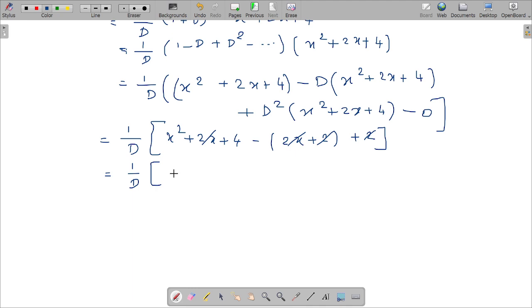Only remaining terms are x square plus 4. As I told, 1 by D means integration. Integration of x square plus 4 with respect to x gives x cube by 3 plus 4x.